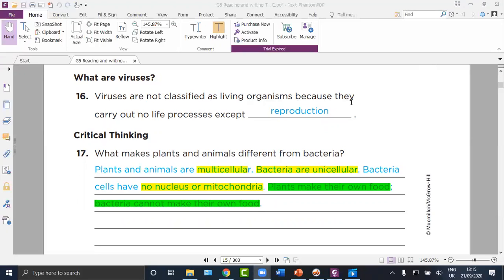Bacteria are unicellular. Bacteria cells have no nucleus or mitochondria. Plants make their own food. Bacteria cannot make their own food. Excellent, excellent. Transfer the answer to your workbook.